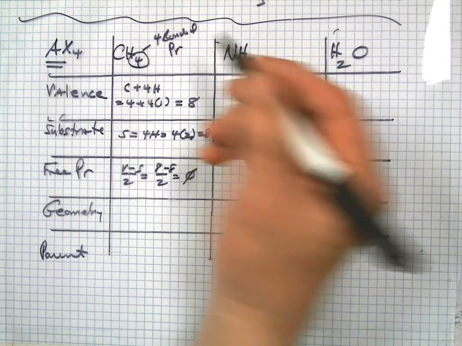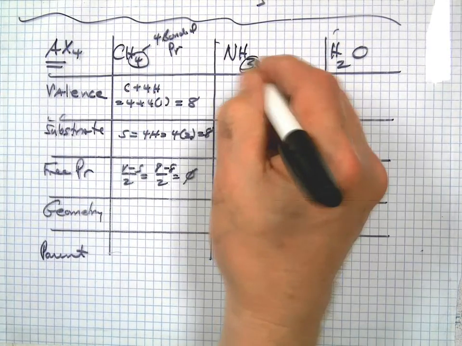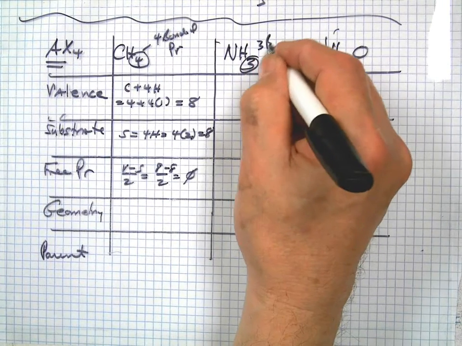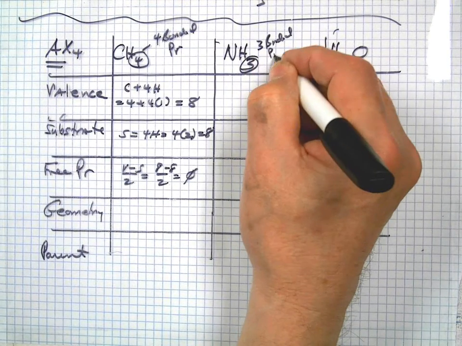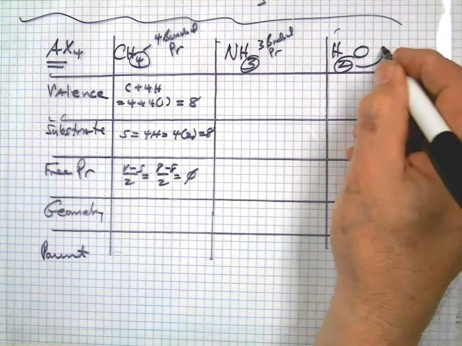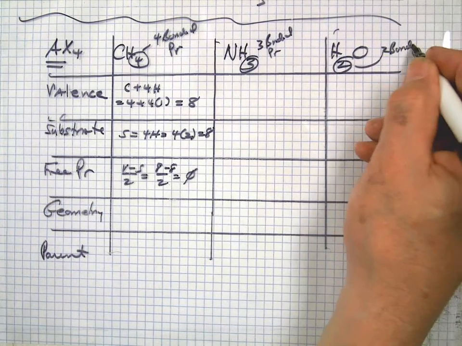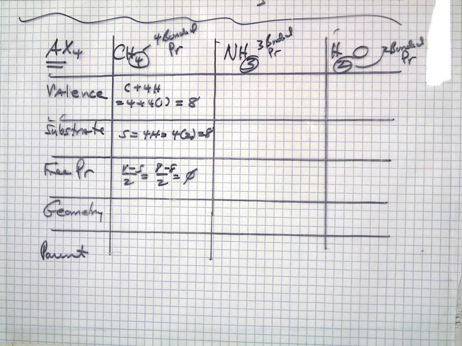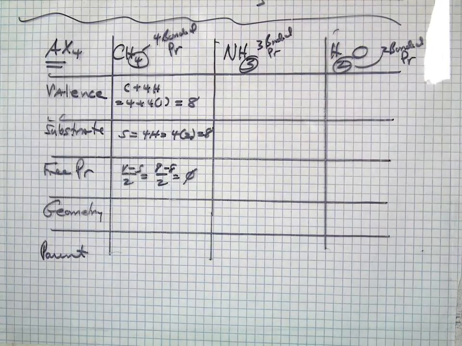Just by looking at the molecule here, this one's got 3 bonded pairs. This one has 2 bonded pairs. That's where you get that. So the total of bonded pair electrons and free pair electrons gives you the total number of bonds for the parent.